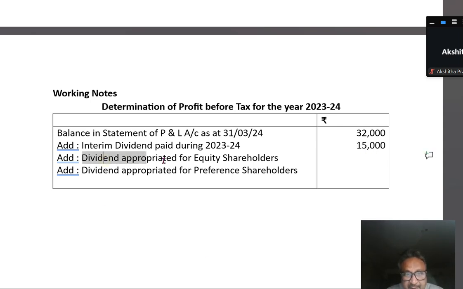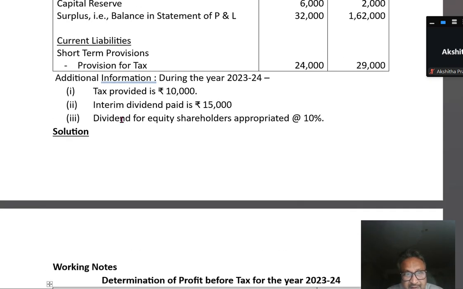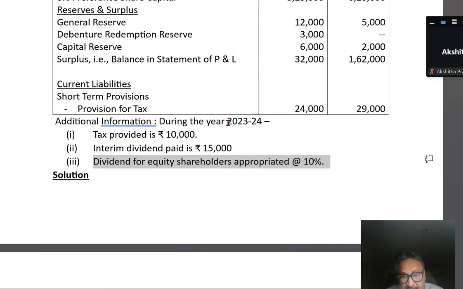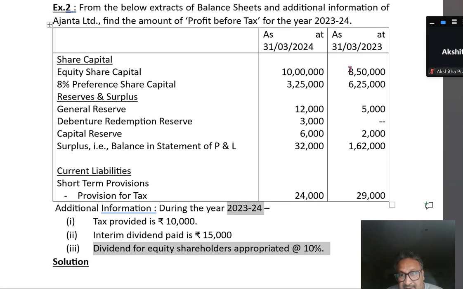To this, dividend appropriated for equity shareholders. Here, the rate of dividend is given to us, that is 10%. This we have appropriated during the year 23-24. So this 10% we have to apply on the equity shareholders as at the end of previous year. That is on this amount and not on this 10 lakhs.